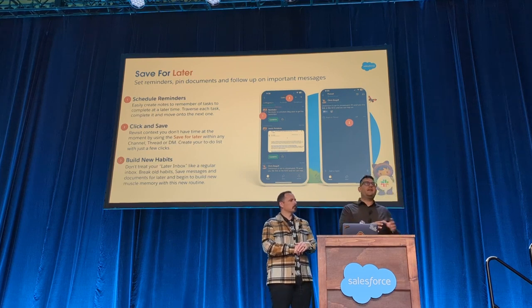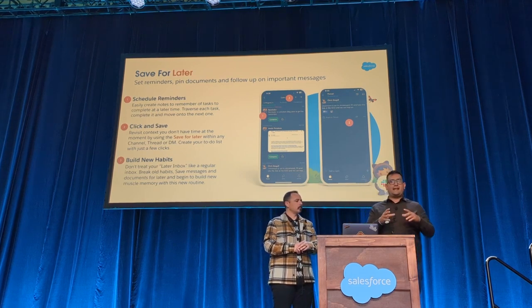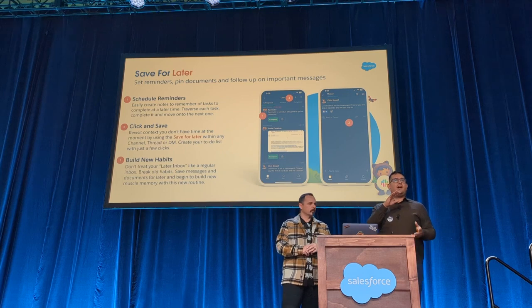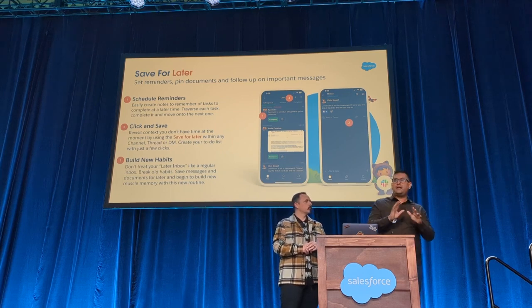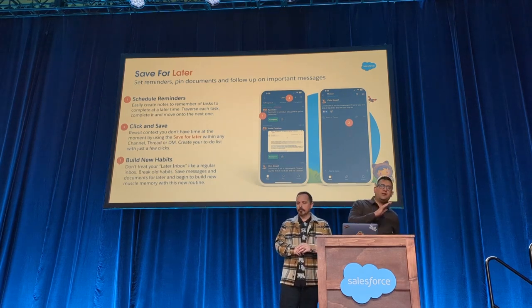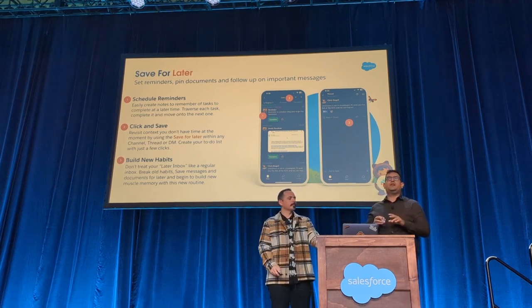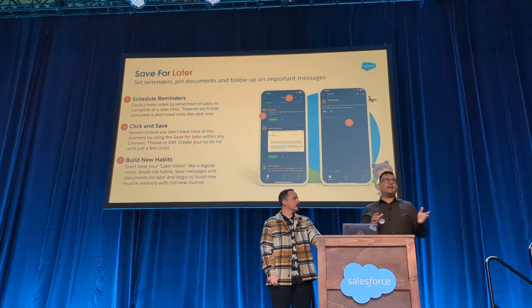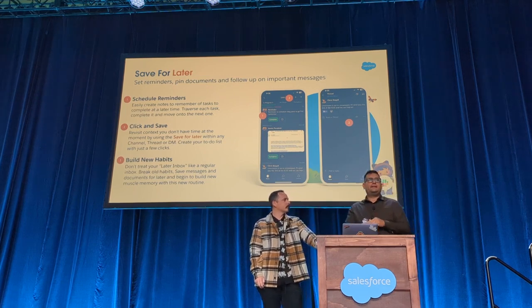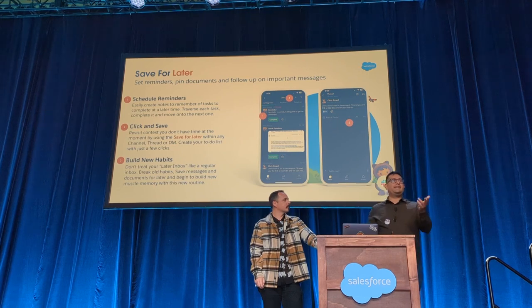This Save for Later inbox is actually a cool way to organize a to-do list each and every day. Don't treat it like a regular inbox because then it's just going to get cluttered with a whole bunch. Make sure you're only using it for those important reminders or notifications to have you take a look at, for example, and to do some sort of response to an activity.